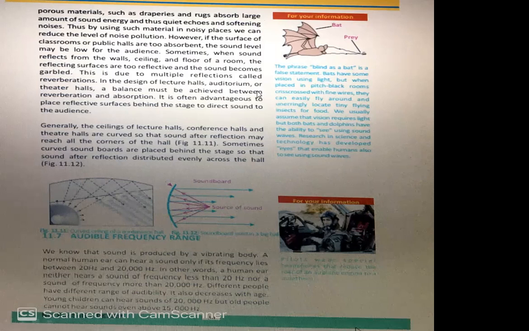It is also advantageous to place reflective surfaces behind the stage to direct sound to the audience. If you ever go to the Alhambra, actors and actresses are performing live, and the audience wants to hear them. So sometimes they place a reflective surface behind the stage to direct the voice of the actor and actress to the audience.